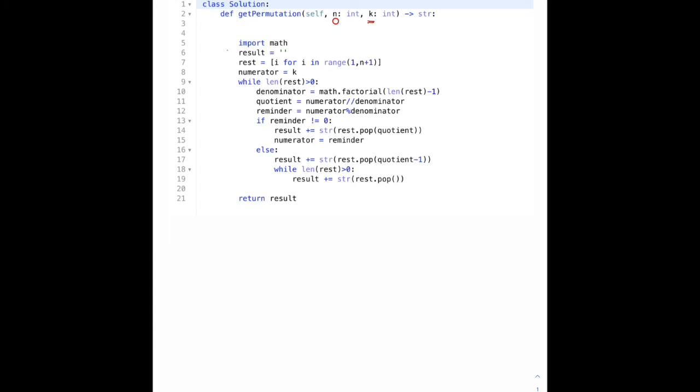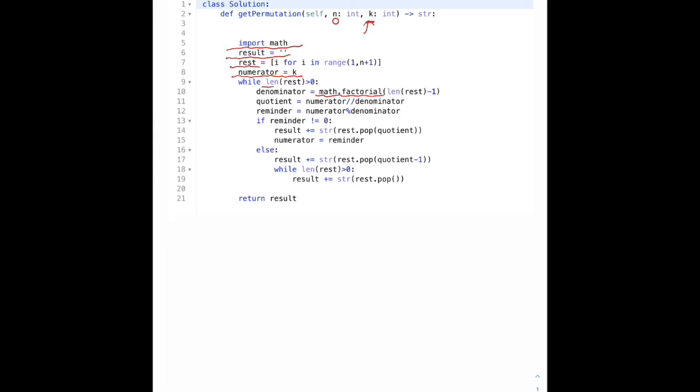So we first import math because we need to calculate the factorial. And then we initialize the result as an empty string. And the rest list, so at the beginning it's just 1, 2, 3 until n. And we initialize the numerator, as I said, as k. That's the k number here.